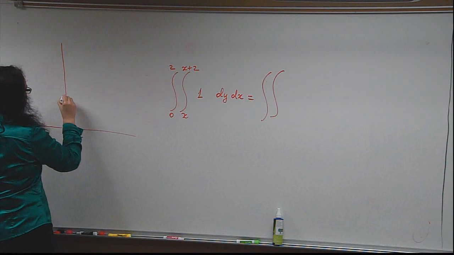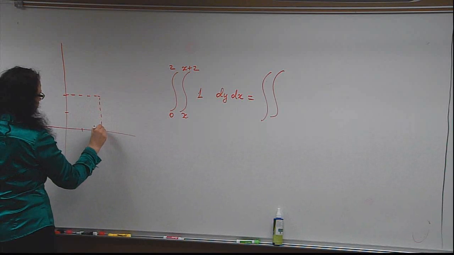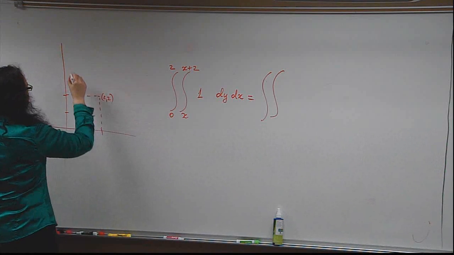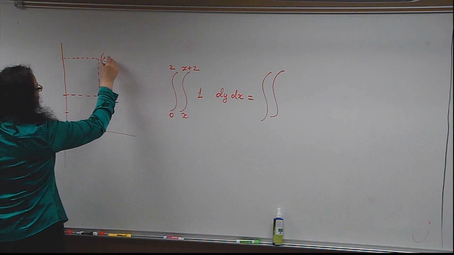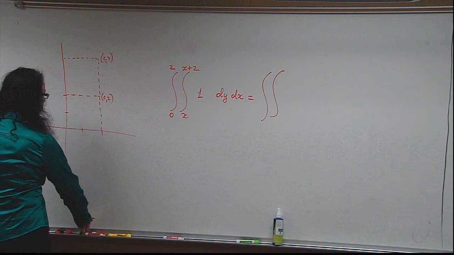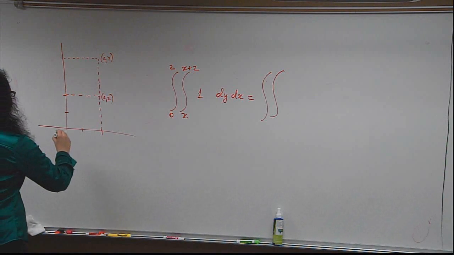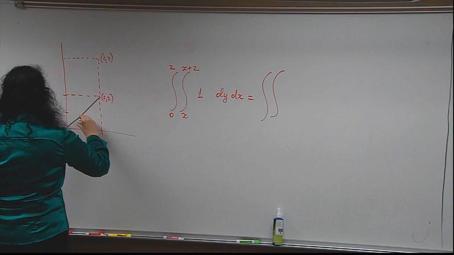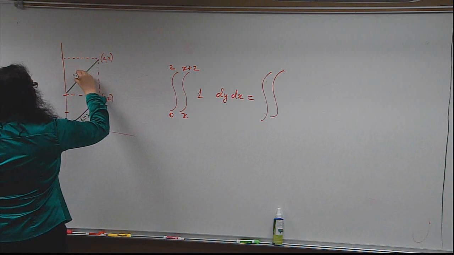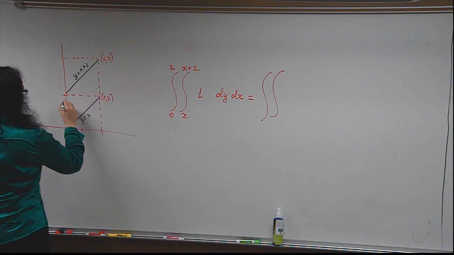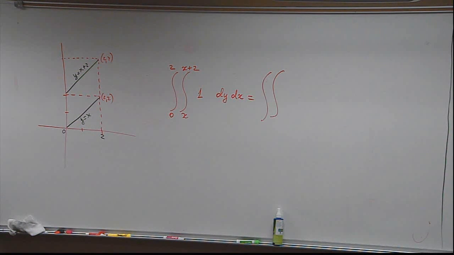So first of all, this is a square. 2, 2. And this is 2, 4. And I'll draw the lines. Okay, now it looks better.